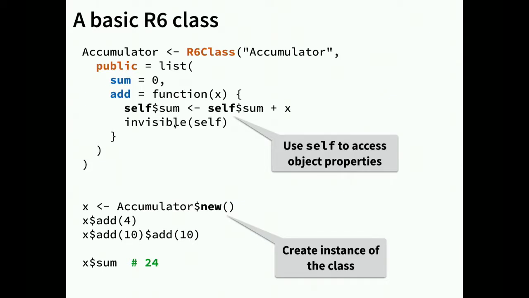And then this method returns self. It returns the accumulator object so that you can chain it together. We'll see this below. Okay, so that defines the class.